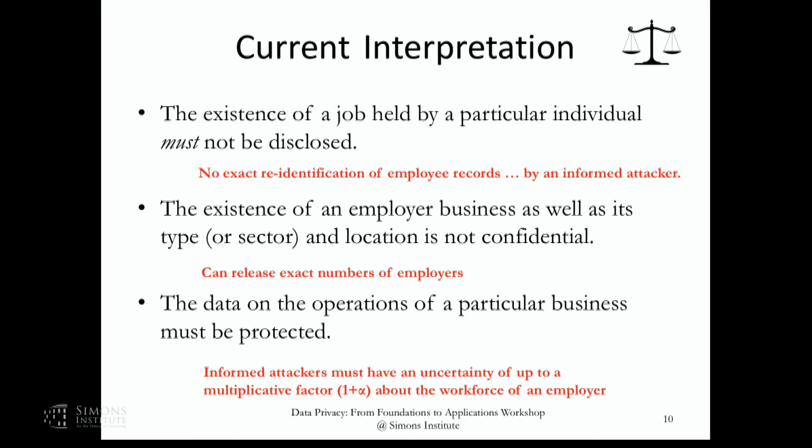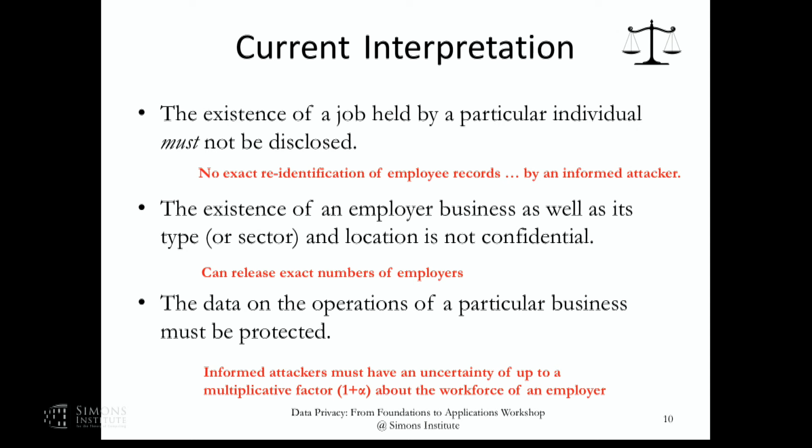But the data on the operations of this particular business must be protected. And this is where basically the kind of interpretation that they had was sort of different from what we usually think of what the interpretation could have been. But essentially the interpretation was that there is some sort of aggregate properties of this business, like for example, the number of employers, the number of employees of a certain type, and so on.